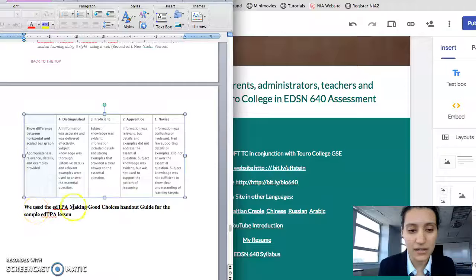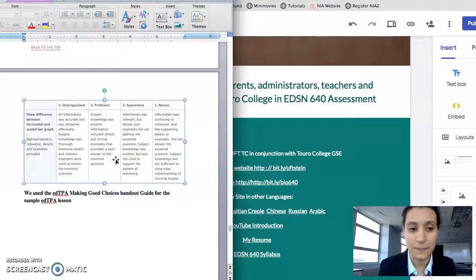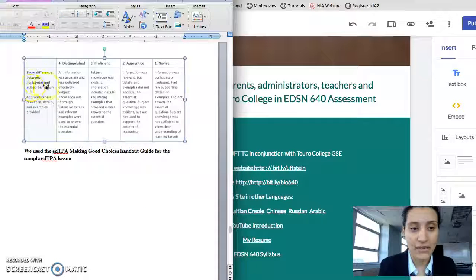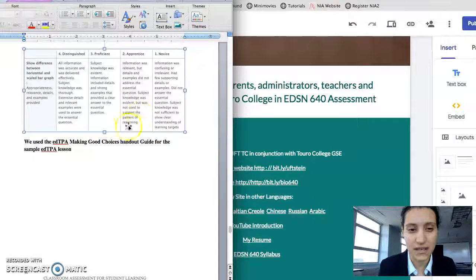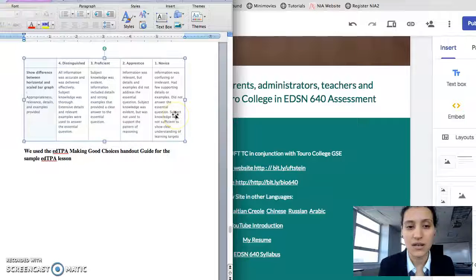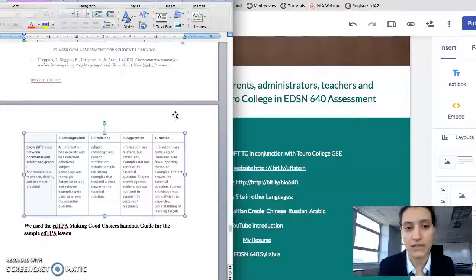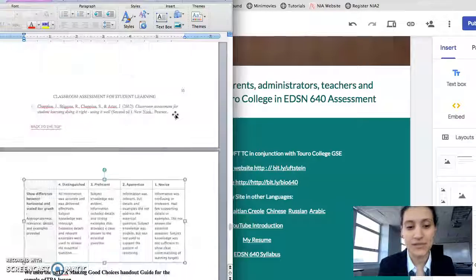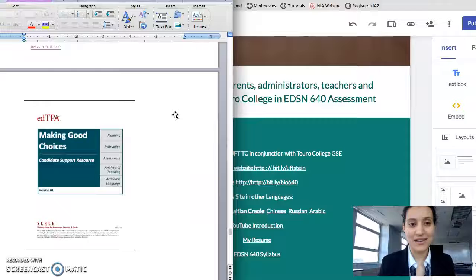Here it shows the different levels of student proficiency. I have my learning targets listed over here, and this is their level of proficiency. In each column, I'm including the detailed explanation of what I'm looking for in my students' assessments. And here's the handbook, Making Good Choices.